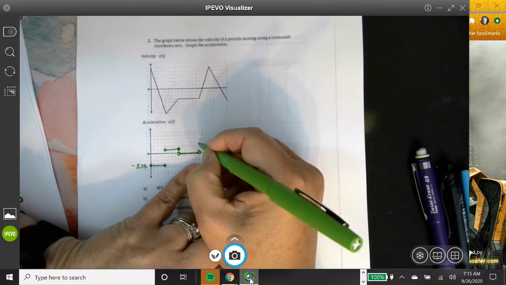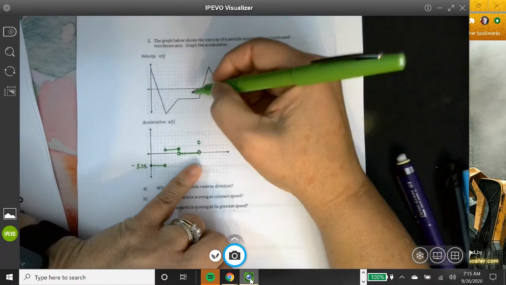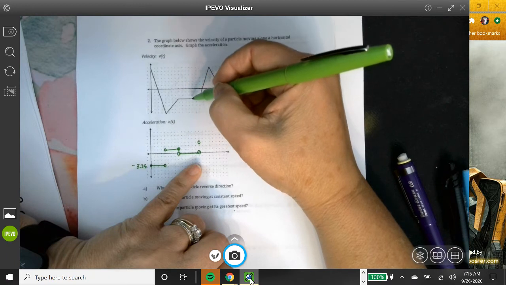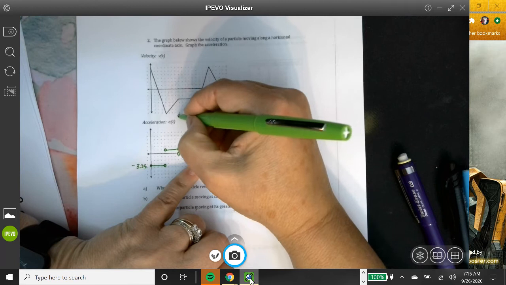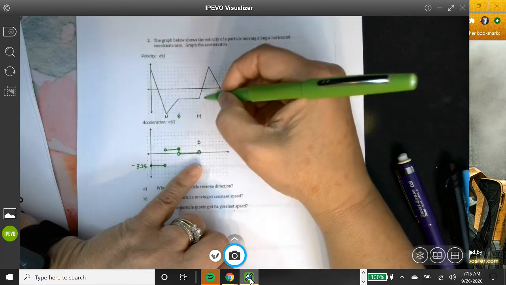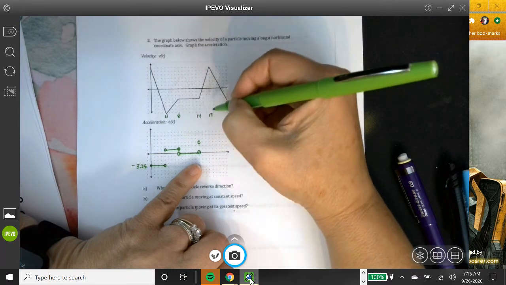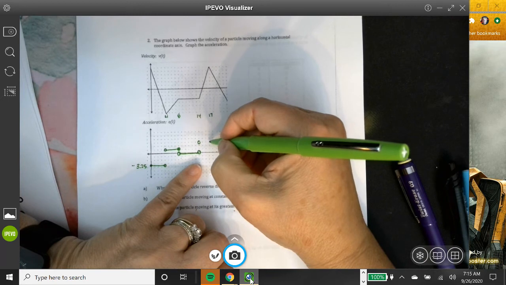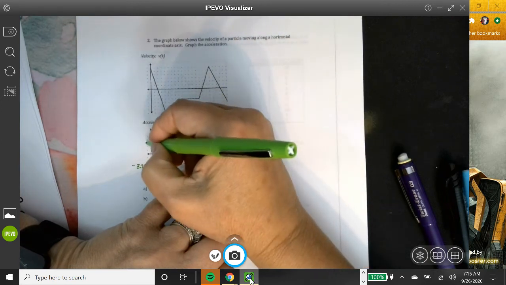So 1, 2, 3, open dot, and then we're going to go from 14 here. I'm going to put these down for reference. That's going to be 14, 15, 16, 17. From 14 to 17, I have a slope of 3. So I'm at 3 here.